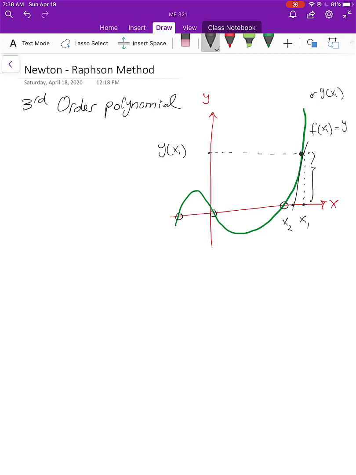So now our slope is equal to f prime of x1. We know by definition that slope is equal to rise over run.